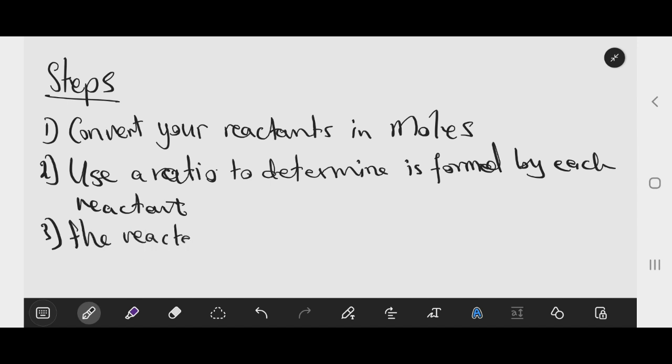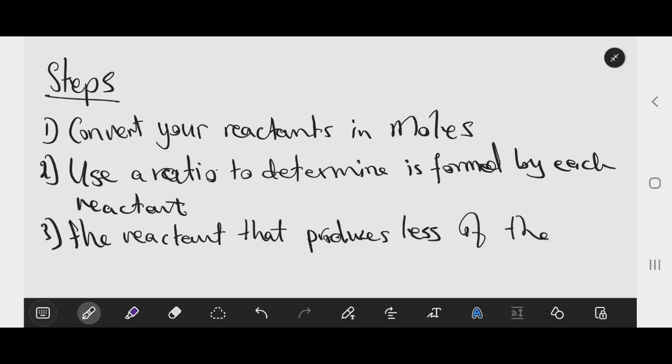So the reactant that produces less of the product is the limiting reagent.